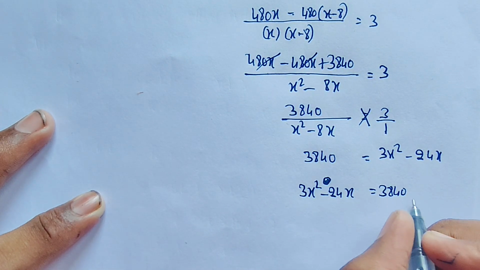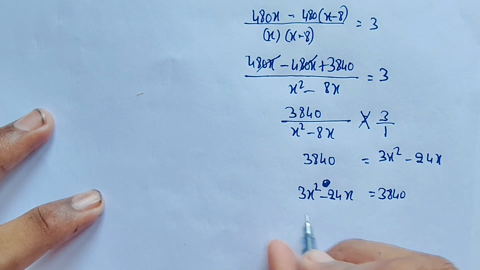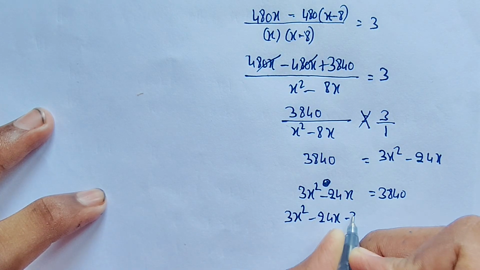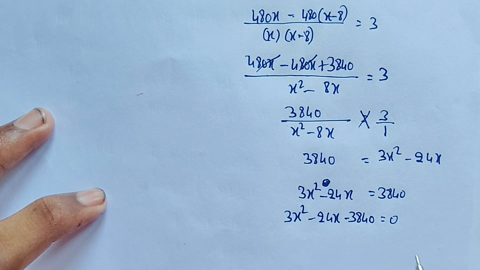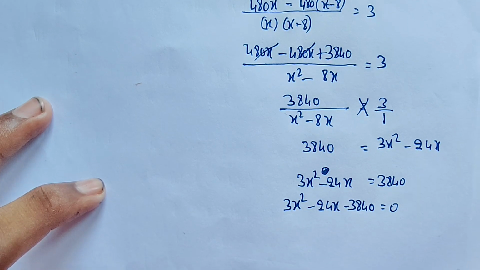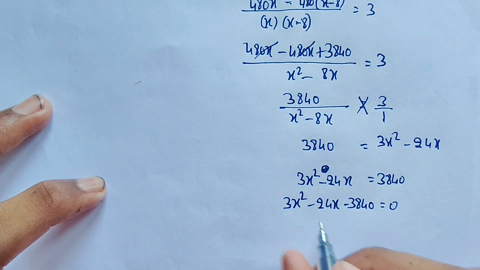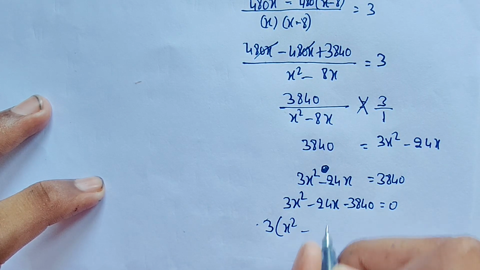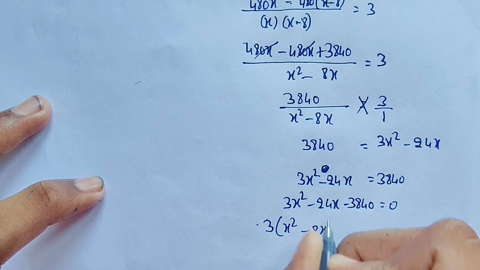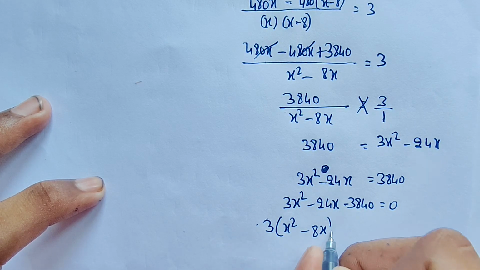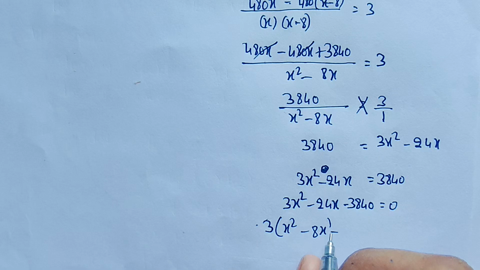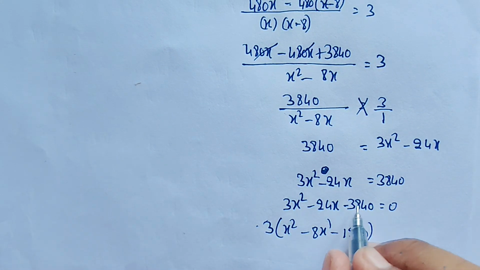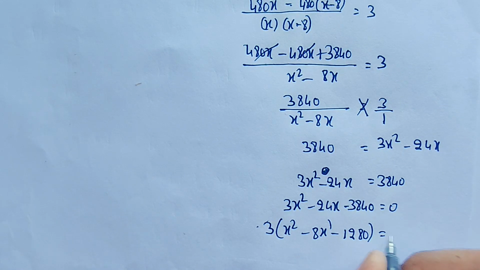So I'm going to transpose the 3840 to the LHS, then it becomes 3x square minus 24x minus 3840 equals 0. In this one there is a cancellation, that is the third table: 3x square minus 3 into 8x, 24x, minus 3 into 1280 is 3840 equals 0.